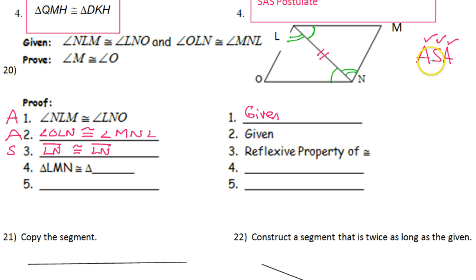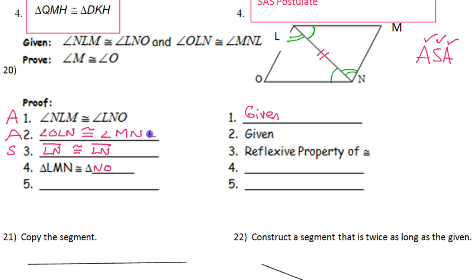Once you've checked off all three pairs of information that you needed, you're ready to say that the triangles are congruent. Now let's be careful when we make the congruent statement. Notice that the L corresponds to angle N in the other triangle. So this starts with L, but this one will start with N. Alright, M corresponds with O, which is the thing we're trying to prove.